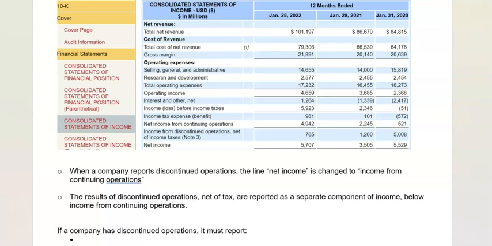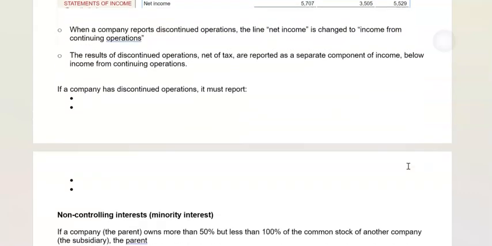So if a major component of the business will no longer affect the company's future performance, it's not going to affect stock price, and the investor might want to see the performance from that discontinued component separately, so it can decide whether to put less weight on that performance or perhaps no weight at all when it's putting the information into its valuation model.